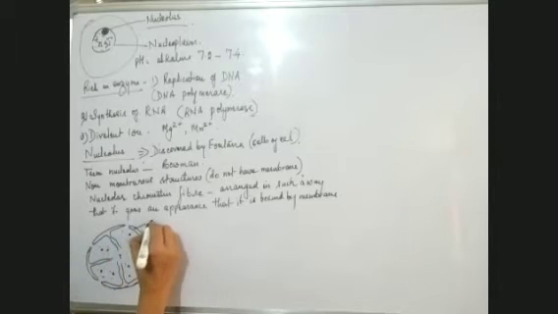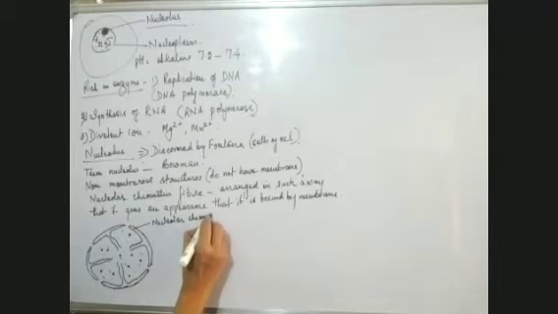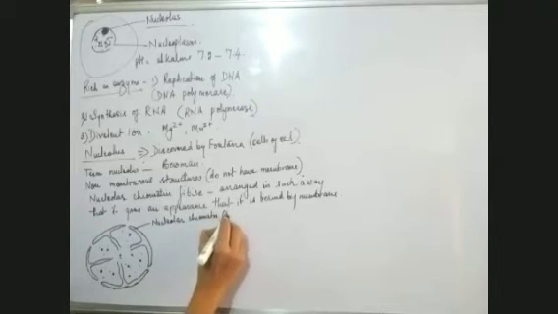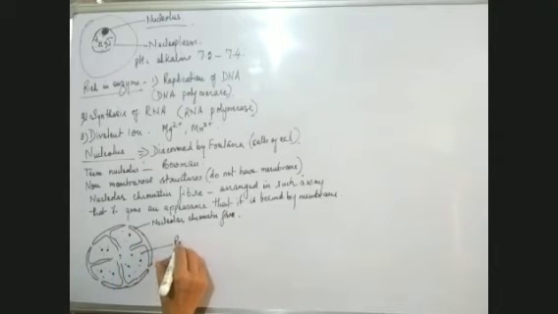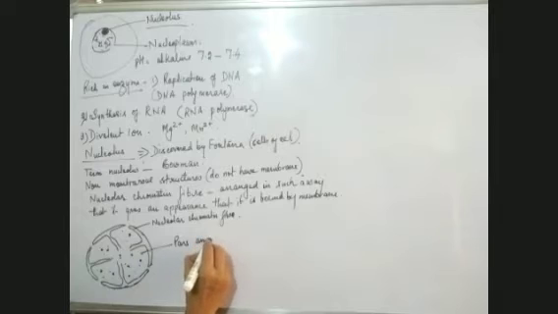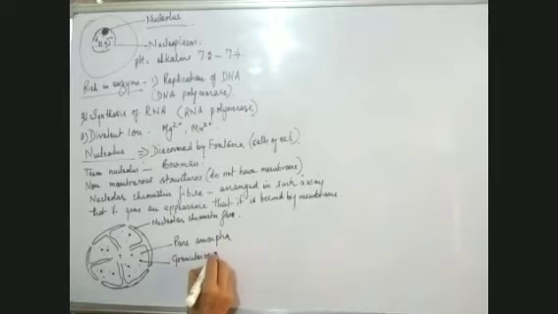So first, this is the nucleolar chromatin fiber. Then we have this ground substance, which is pars amorpha. Then we have these darkly stained granules, which are granules of ribosomal RNA. Three types of RNAs are there, and out of that, one type is ribosomal RNA. So this is the structure of the nucleolus.